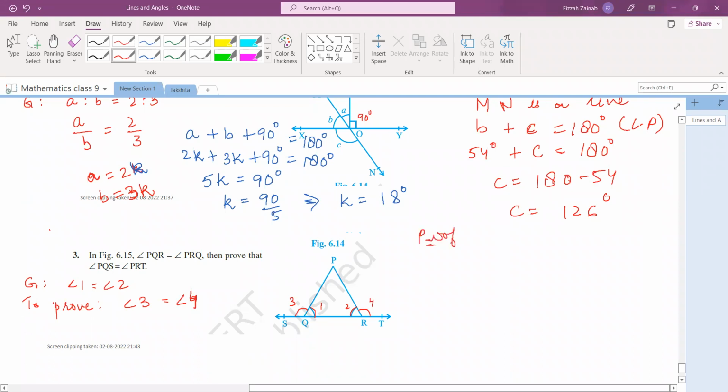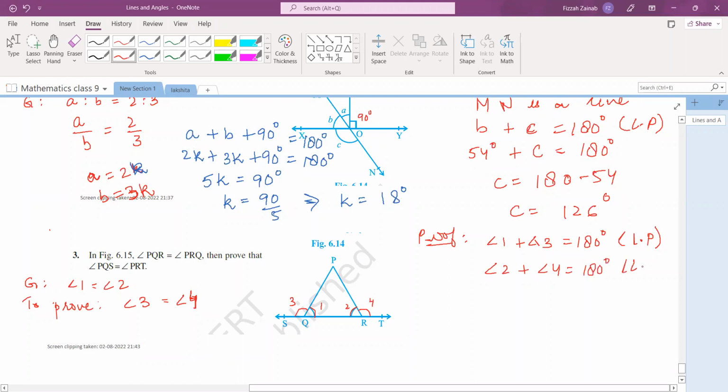Prove. Now, very clearly in the figure, I can see that angle 1 and 3 are forming a linear pair. So angle 1 plus angle 3 is equal to 180 degree. Linear pair. They are adjacent angles. They are falling on a line. Similarly, angle 2 plus angle 4 is again 180 degree.